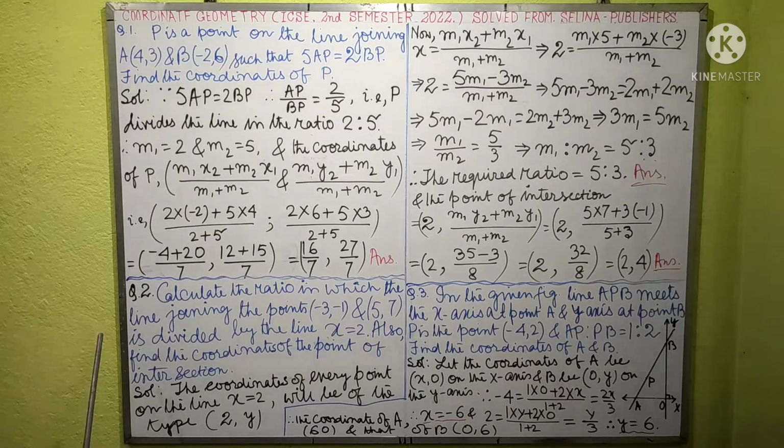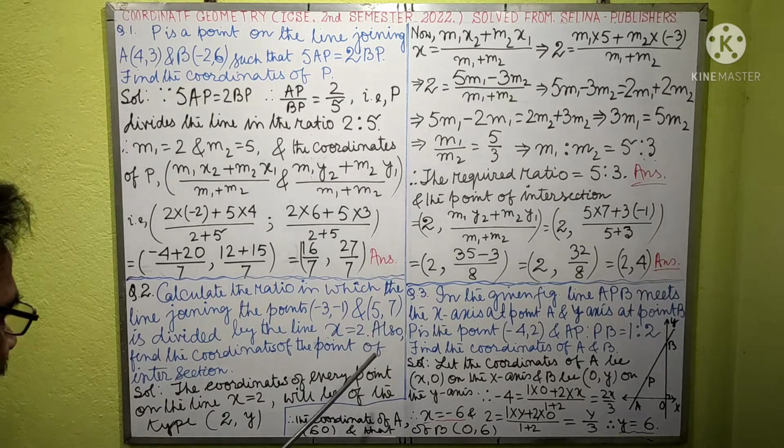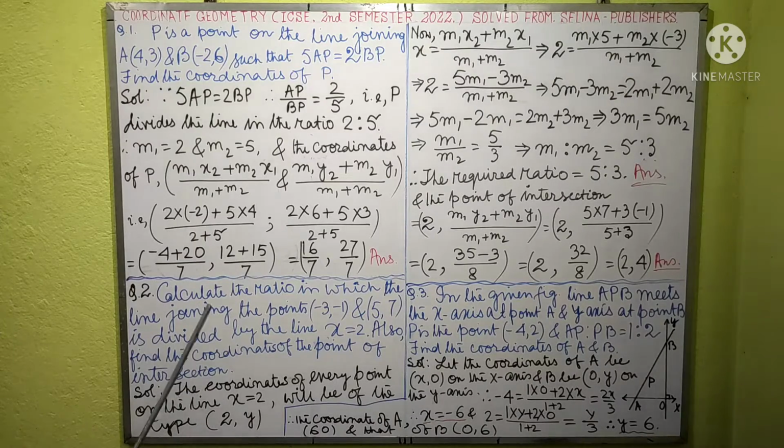Second question: calculate the ratio in which the line joining the points (-3, 1) and (5, 7) is divided by the line x equals 2. Also find the coordinates of the point of intersection. This is a very long question.